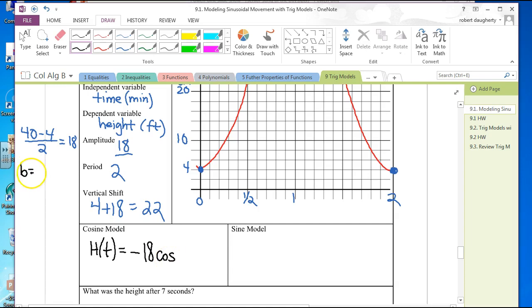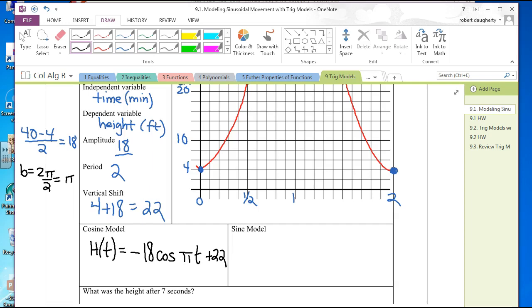B is going to be 2 pi over the period, which is pi. So 18 cosine of pi t, and then there's a vertical shift of what? Yeah, plus 22. So that's the cosine model: negative 18 cosine pi t plus 22.